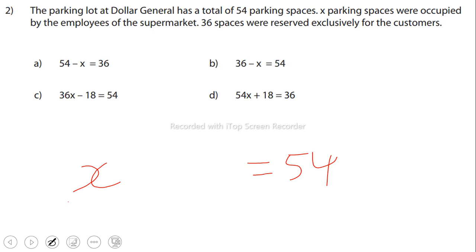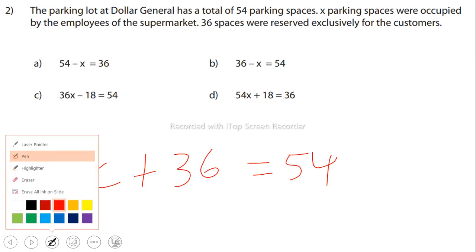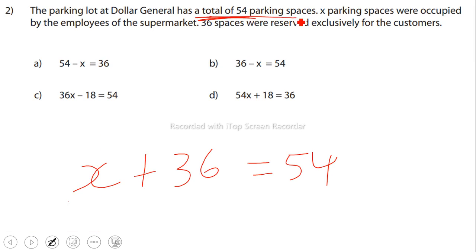So it's X plus 36 gives us 54. The reason we know this is because it's a total of 54 parking spaces. The parking spaces are made up of those that were occupied, which is X, and those that are reserved, and all that is going to be equal to 54.